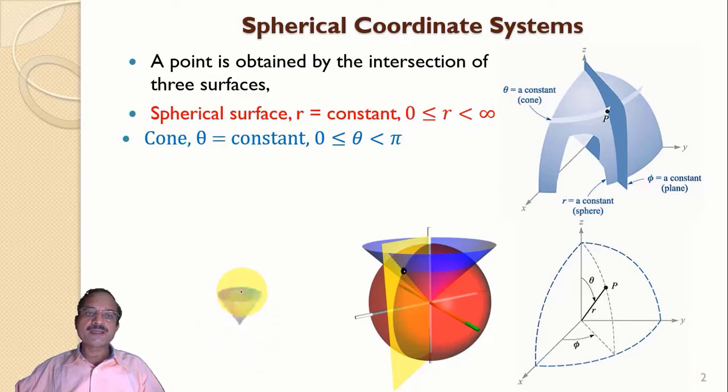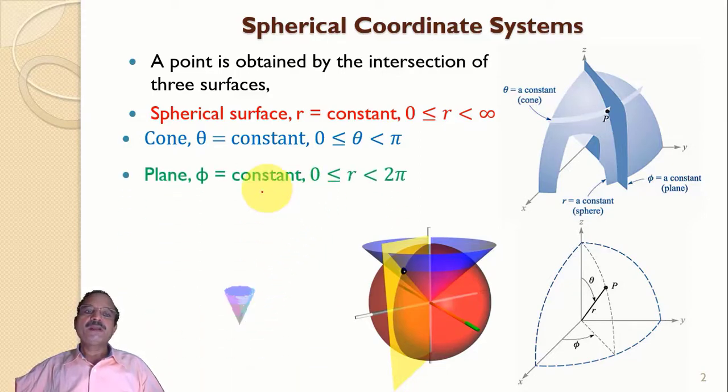As theta increases, the radius of this cone keeps on increasing, and at this point when theta is equal to 90 degree, the cone becomes almost flat, indicating it is a disc. Then when theta becomes more than 90 degree, the cone becomes inverted, and at theta equal to 180 degree, that means pi, it again forms a line along negative z axis. So this is a cone which is formed for various angles of theta between 0 to pi.